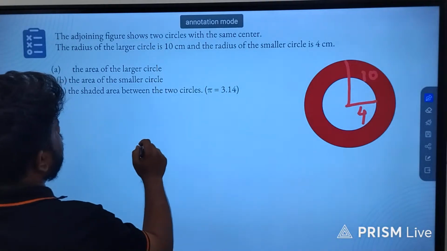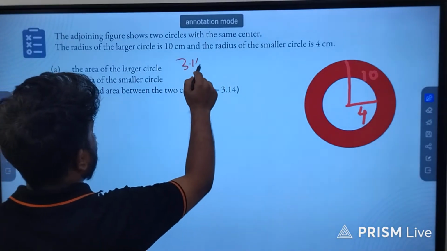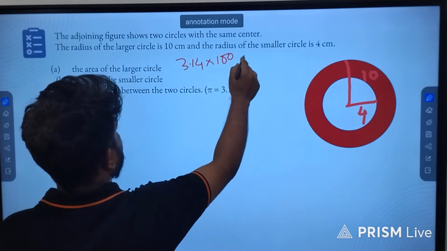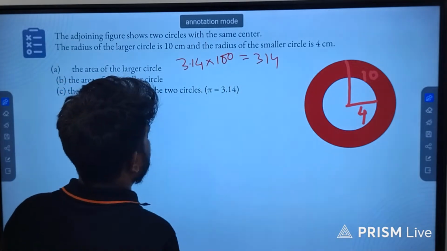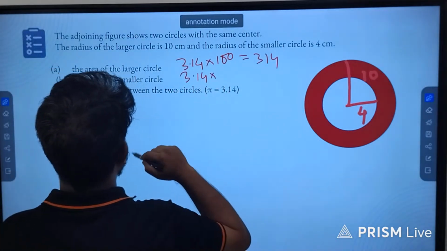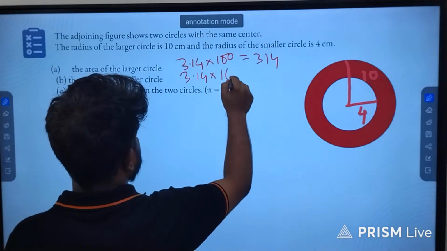The first one will be 3.14 into 100, so it will be 314, and the next one will be 3.14 into 16.